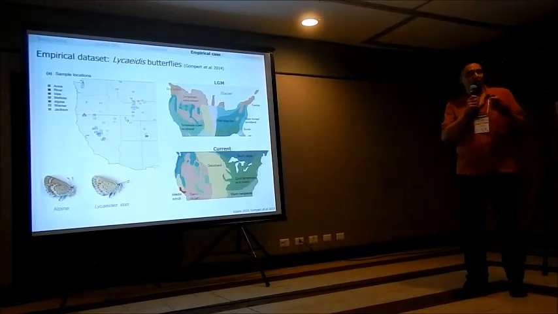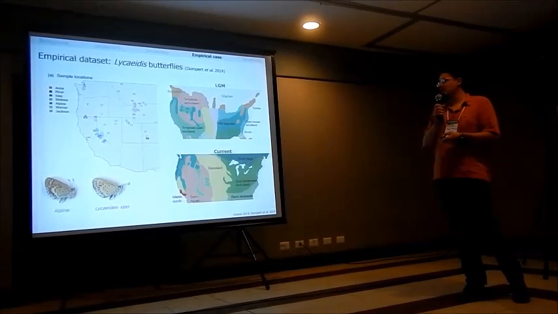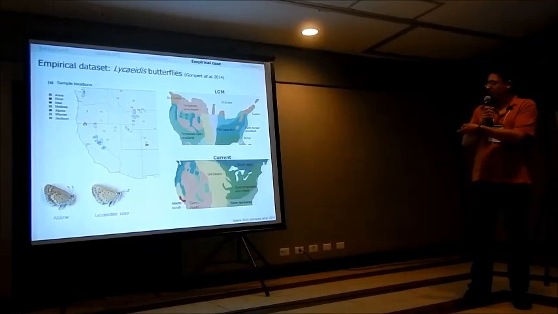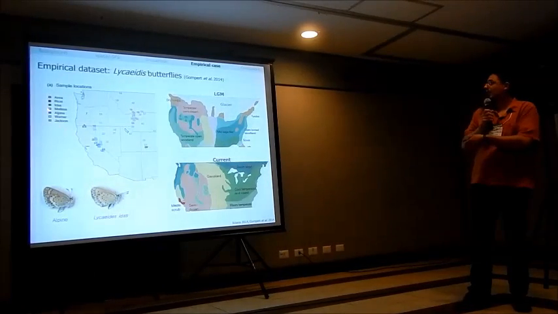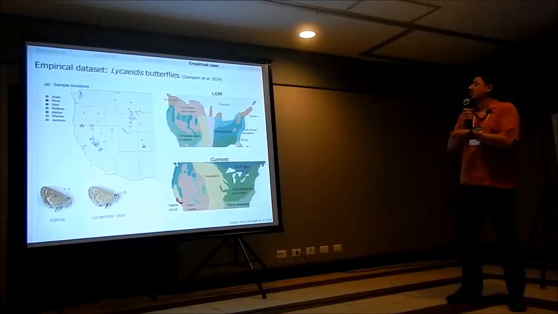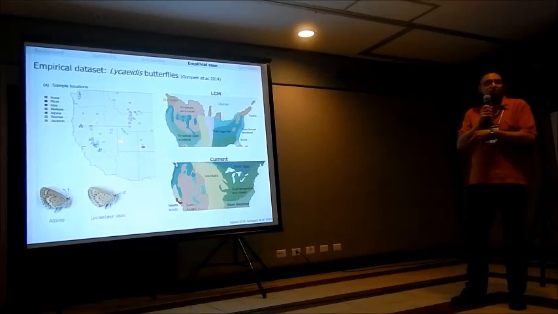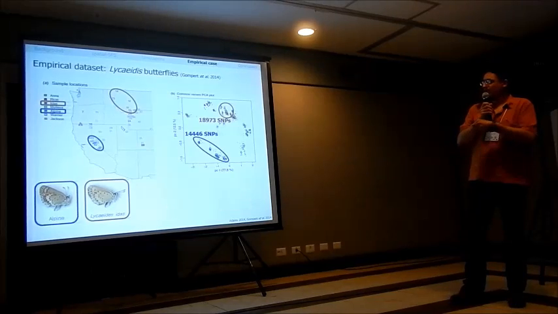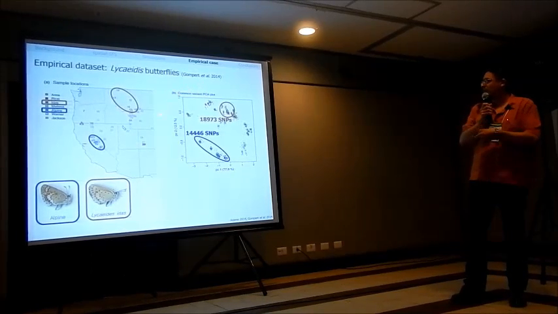So really quickly, let me go over an empirical example where we apply this method. This is Lycaeides butterflies in Western North America, and we chose this study system because strong changes in vegetation and the glaciation extent impacted this population heavily. From the entire set, this is a data set by Comper 2004.